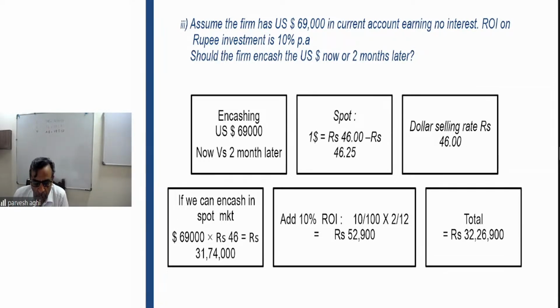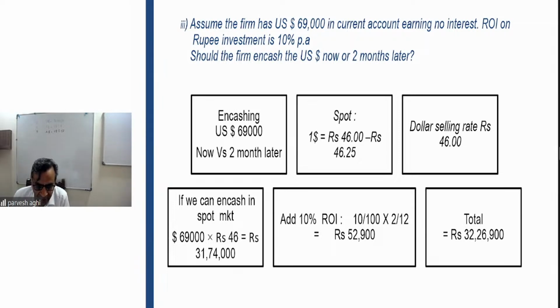You convert all your dollars into rupees, and for 2 months, you're going to get 52,900 as interest. Now you're going to compare it with the option of encashing it after 2 months. So you need to add interest here to make both the numbers comparable. So here, the total rupees after 2 months you will have in your account will be 32,26,900, which includes an interest of 52,900 for 2 months at the rate of 10%.